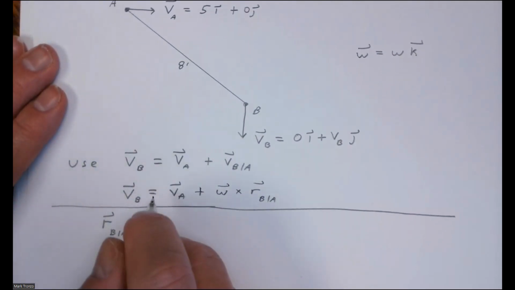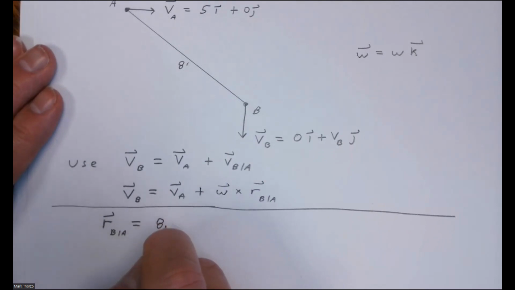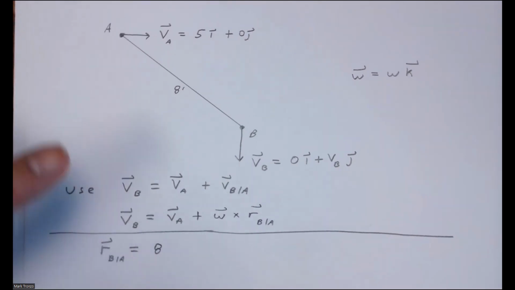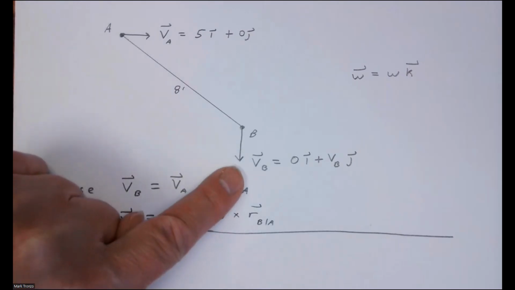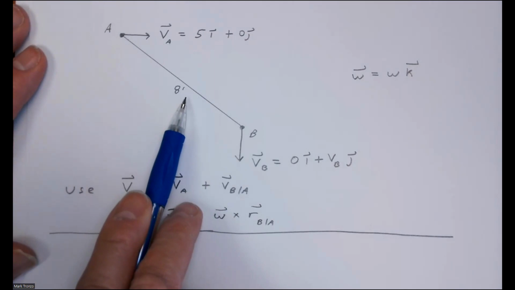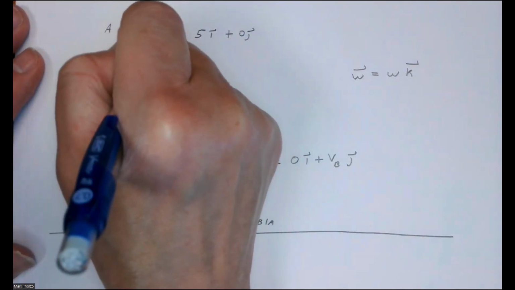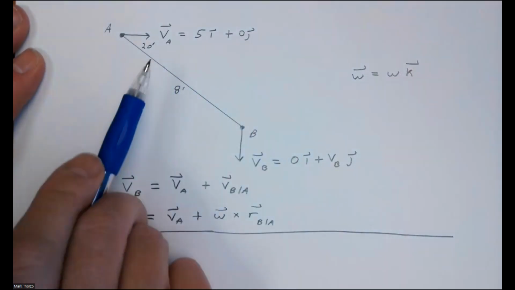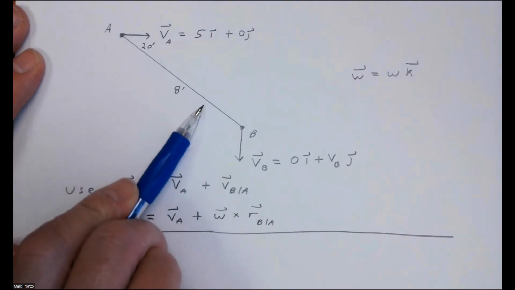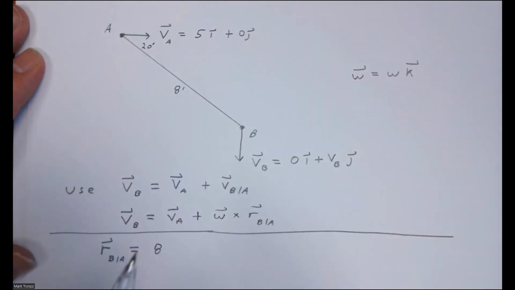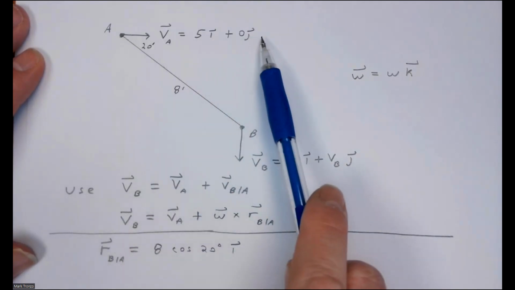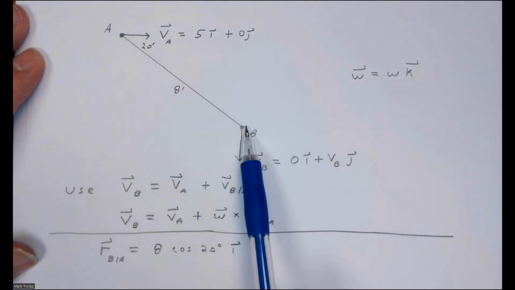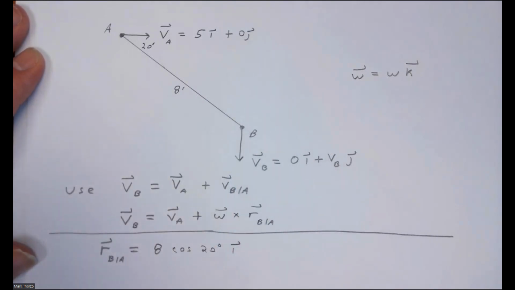Remember, if we're doing RBA, we start at A and go to B. To get from A to B, the X component is going to be 8 cosine 20 I. We have to go in the x direction, and we have to go down, and since we're going down, that'll be negative.